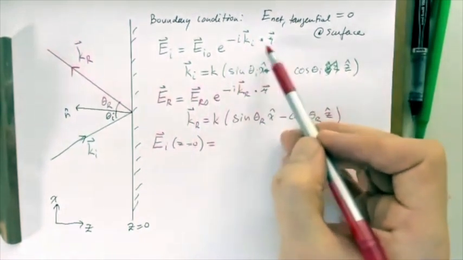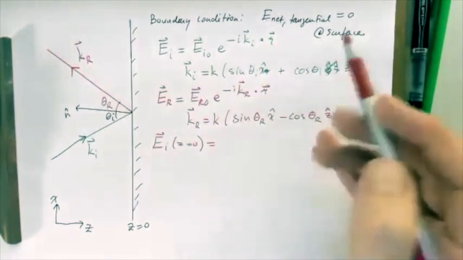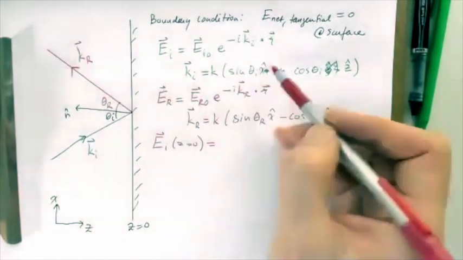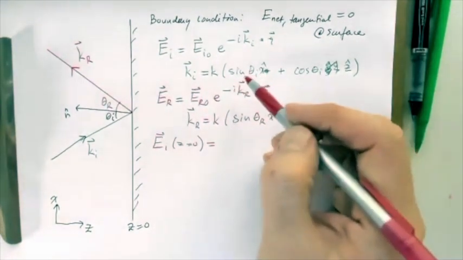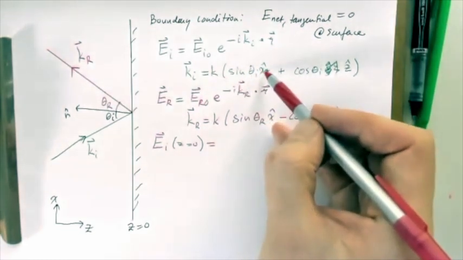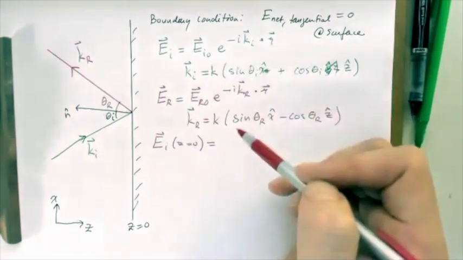The z component is going to multiply with the part that has the z unit vector, and that part we're going to set to 0. So this thing is going to disappear, and this thing is going to be the one that remains. So we'll get k sine theta i, and the x hat is going to be dotted with the x hat in the position vector.